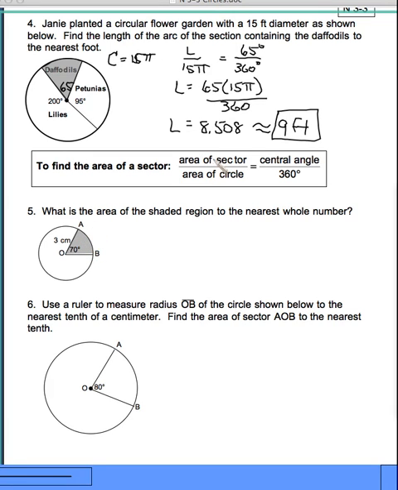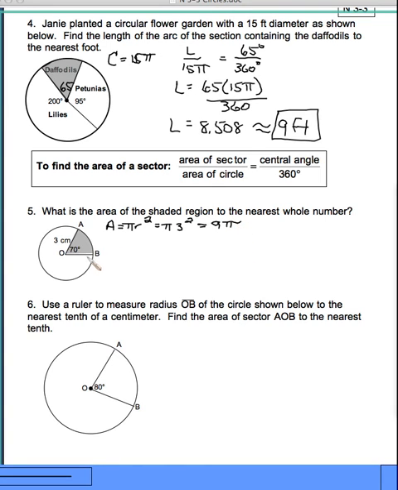Again, a ratio: the area of the sector in relation to the area of the whole circle is equal to the central angle over 360. It's a real similar proportion, except that instead of circumference we use the area formula. The area of the circle is pi r squared, and the radius is 3, so it's pi times 3 squared, or 9 pi.